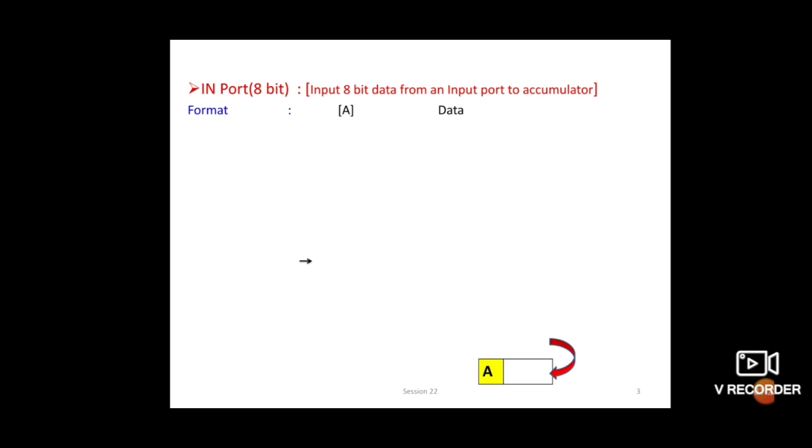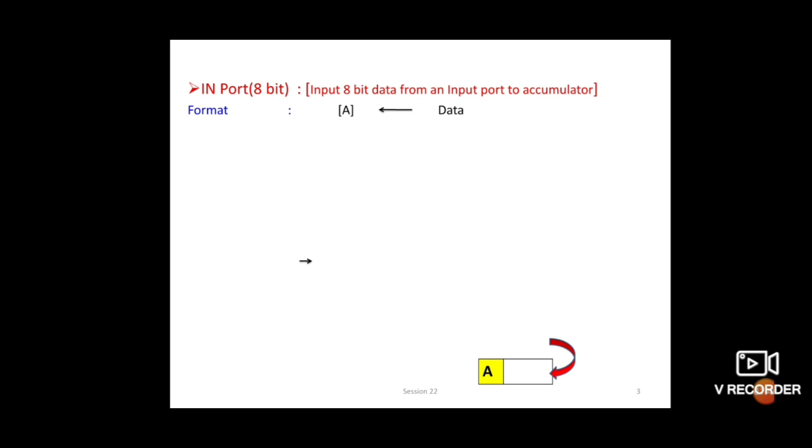Now what is the format? Whatever data is stored in this port, that data is transferred to the accumulator. Port stores only 8-bit data, always remember. So that data is transferred to the accumulator.